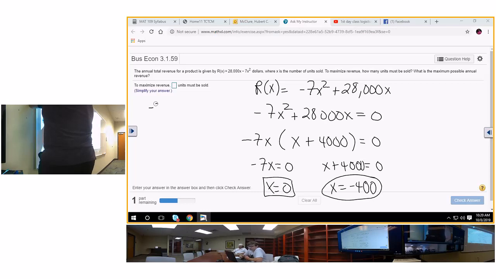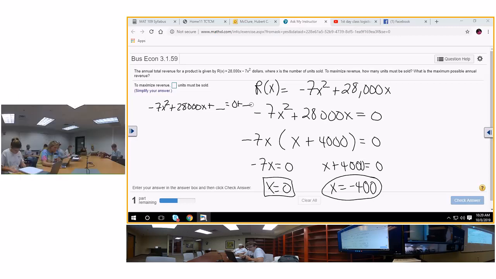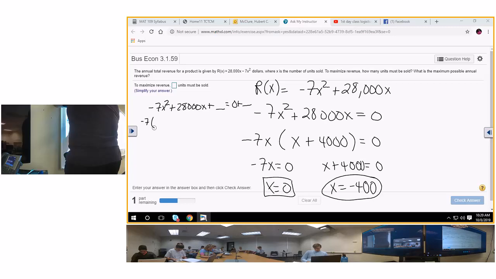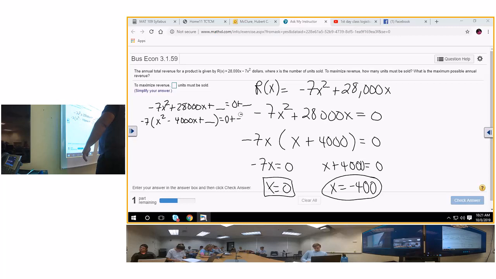Negative 7x squared plus 28,000x plus blank is equal to 0 plus blank. Factor out a negative 7, and that's going to be x squared minus 4,000x plus blank is equal to 0 plus negative 7 times blank.